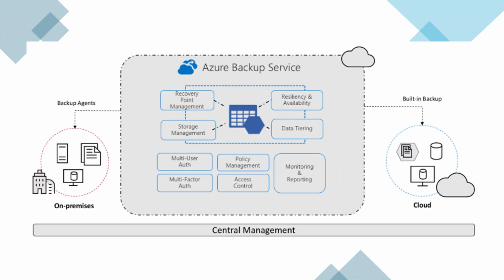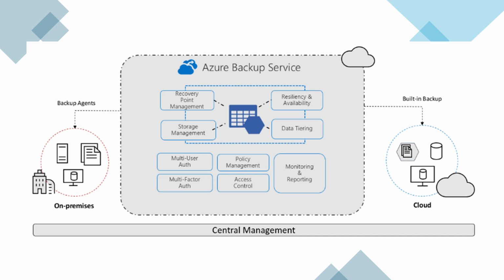This diagram shows you how Azure Backup Service acts as a central management system for protecting your data across both on-premises and cloud environments. On the left, you can see that your on-premises infrastructure, servers, apps, and workloads can connect to Azure Backup through backup agents.